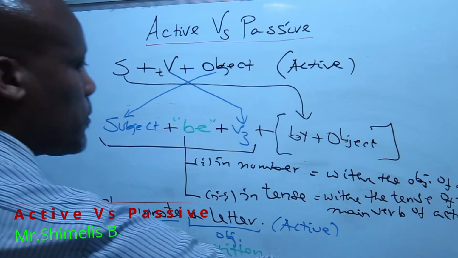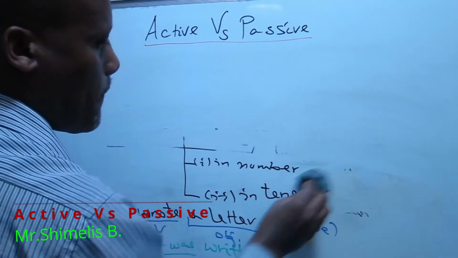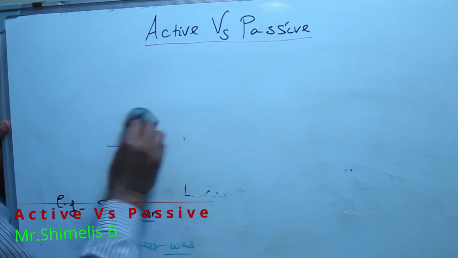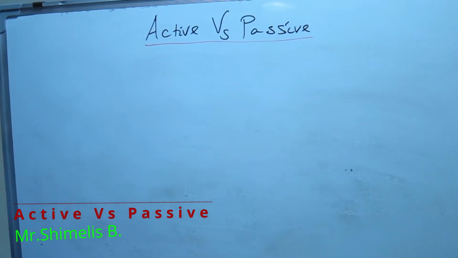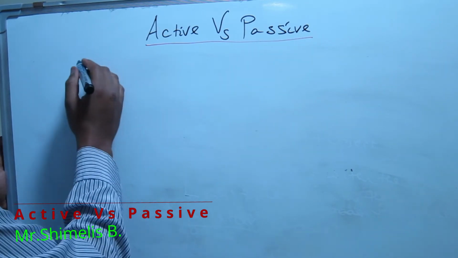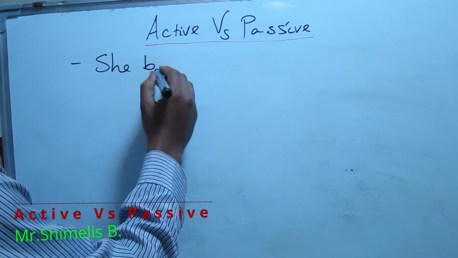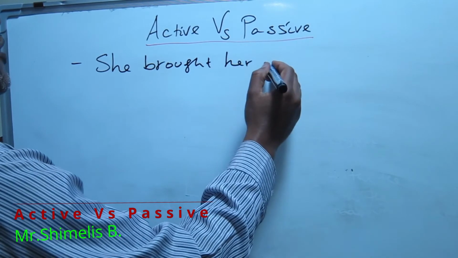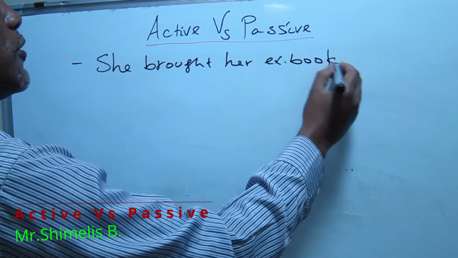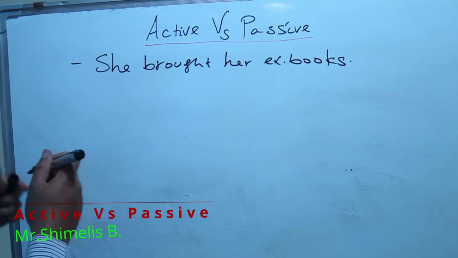Let's add some more examples. She brought her exercise books. Now we have again all three elements.